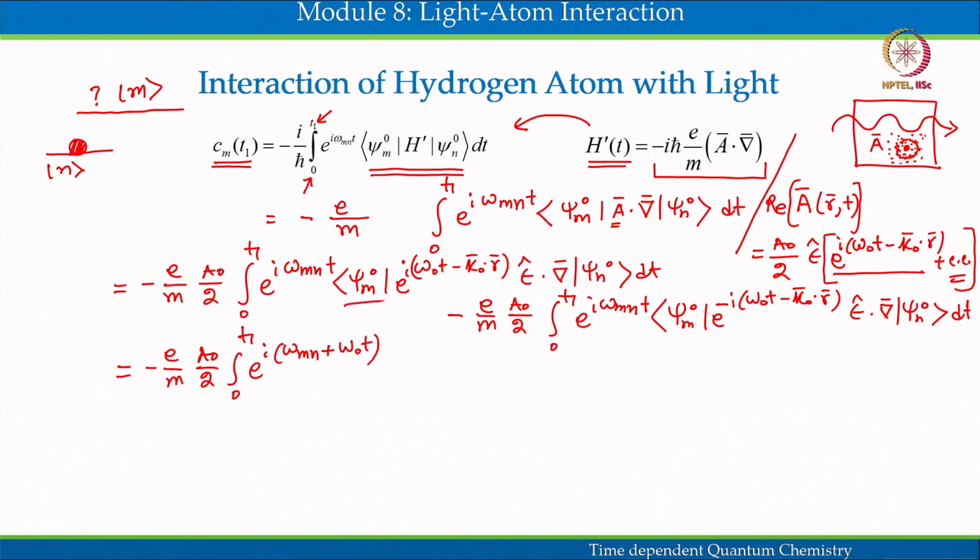This integration, within the bracket notation what we have written, is the integration over the entire space. So basically this is an integration something like this. I have integration over all r vector, then psi m0 star r vector, then e to the power this term would be there, and then psi n0 r vector dr vector.